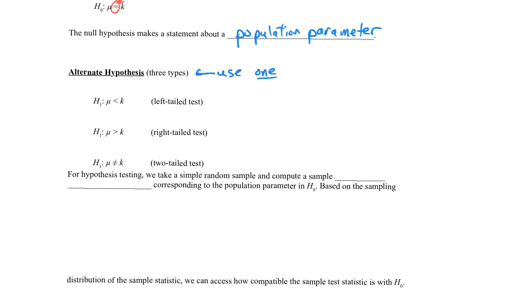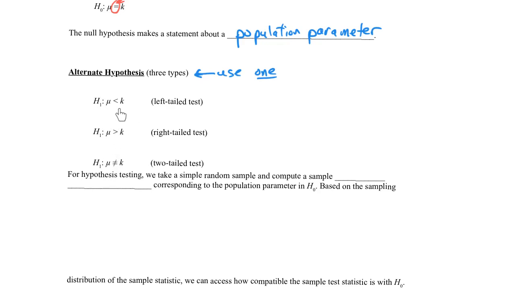Which one we use will depend on the data. Judgment will inform which one we use. We look at the data. What do the data seem to suggest? And our book will basically tell us which one of these to use.